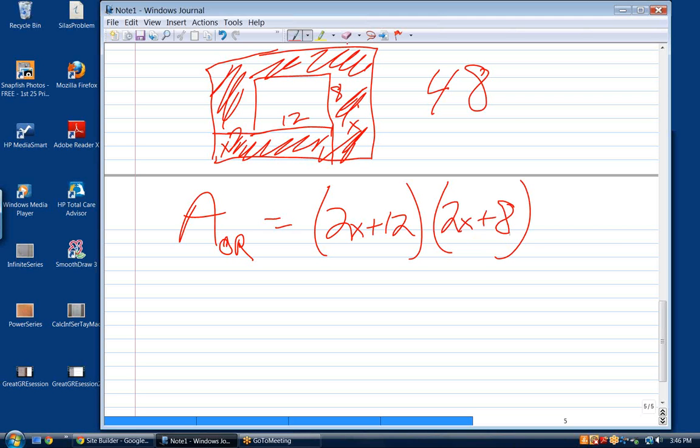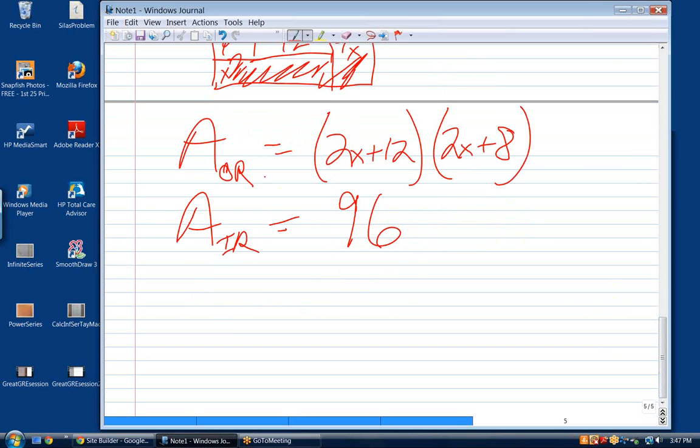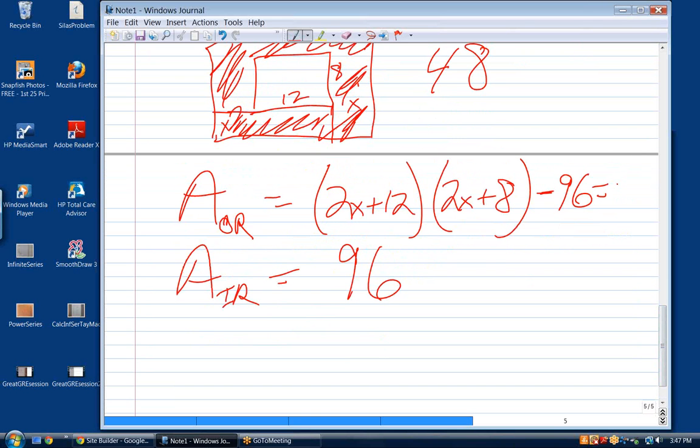And what's the area of the inside rectangle? 96. Okay. So now I can write an equation. I can say that this minus 96 is equal to 48. So that's the whole deal. That's the equation I have to solve.